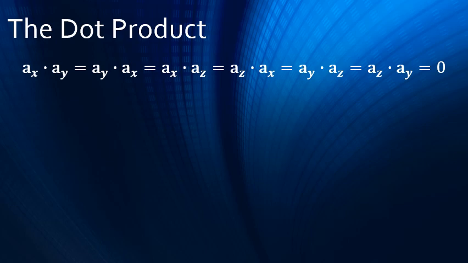Kasi kung mapapansin natin, ang angle between the x and y axis ay 90 degrees. At kapag kinuha natin yung cosine, di ba dun sa formula, magnitude of A, magnitude of B times cosine ng angle between the two vectors. Kapag kinuha natin yung cosine 90, ang magiging sagot ay 0.